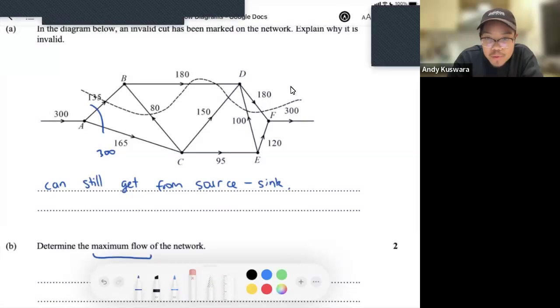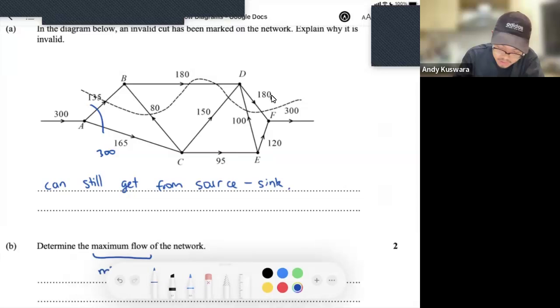I could probably also do, let's say 180 and 120. That's also going to be 300. Then 80 and 100. If I cut through 180 and 95, and I'll show you.